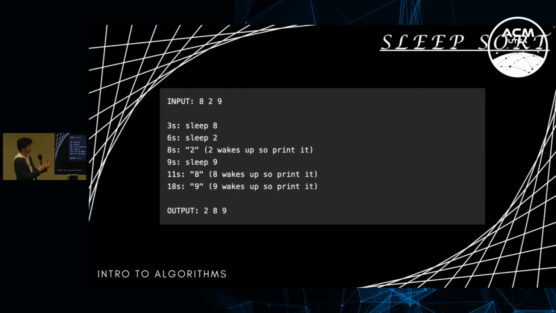So it appends to the list, then 8 wakes up, and then 9 wakes up. I'm sorry about the explanation, but I'm sure y'all kind of get what it does.